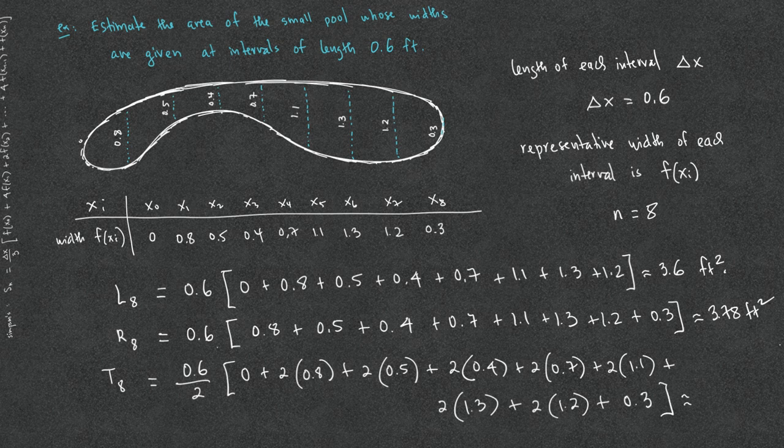This is approximately 3.69. We won't be able to use the midpoint rule in this case because we do not have the information for the midpoints, unless we combine 2 intervals and make it 1. Each of these would then have a middle point, the midpoint.